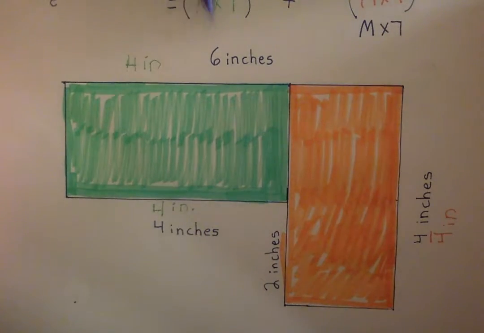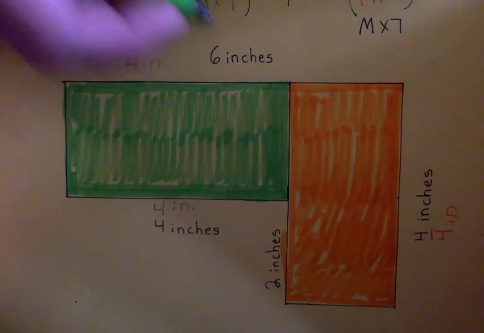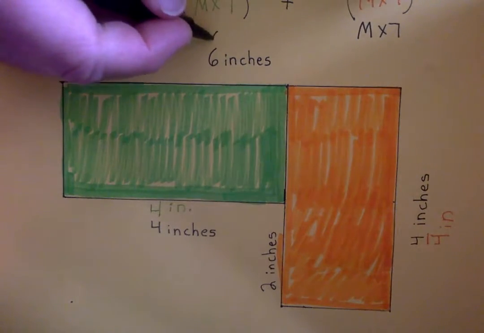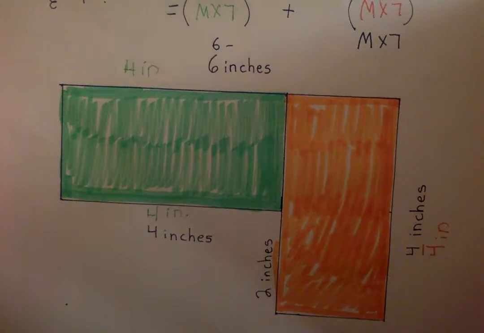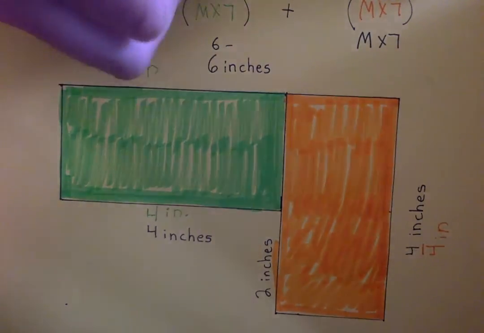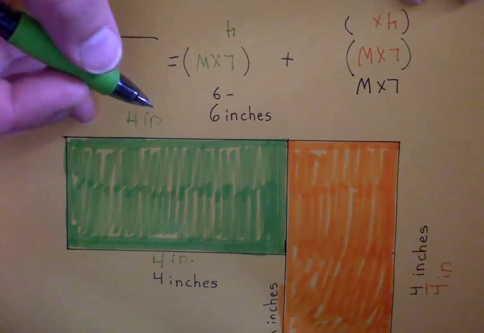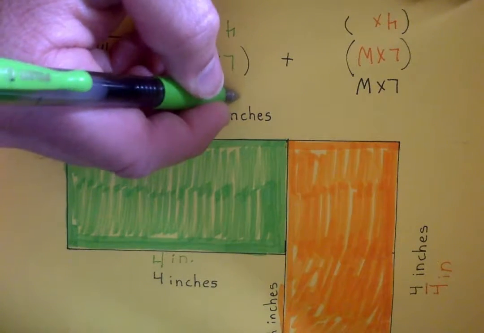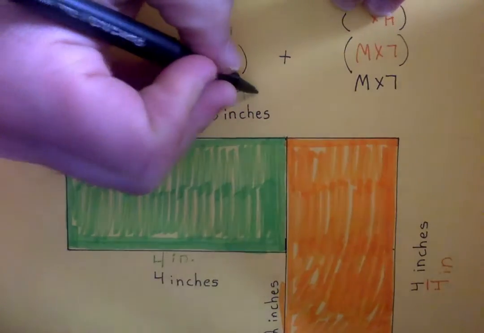So that's going to leave me with a problem that should be fairly easy to fix. I have the length of the entire figure, subtracting the length of the green, which is 4. 6 minus 4 is going to equal 2.